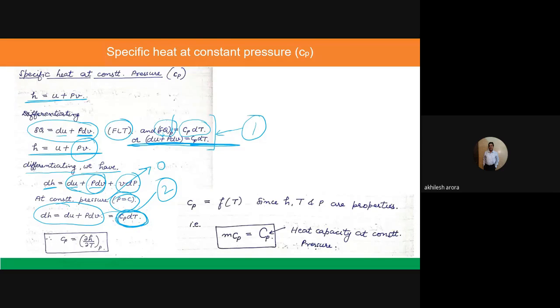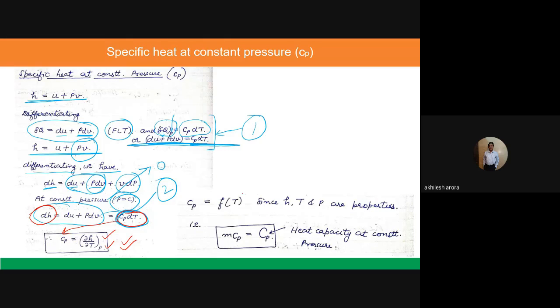And dU plus PdV, one you can consider this equation, and another you can consider this equation. So dH is equal to Cp dT. So from here we can calculate the value of Cp, which comes out to be del H by del T at constant pressure. So Cp is basically the partial differentiation of enthalpy divided by partial differentiation of temperature at constant pressure actually. So that is the definition of Cp.